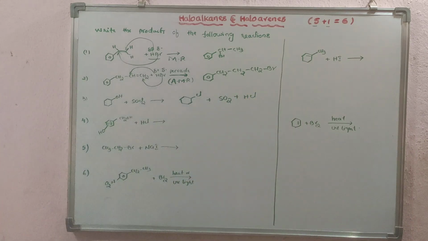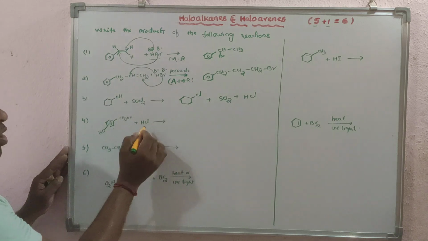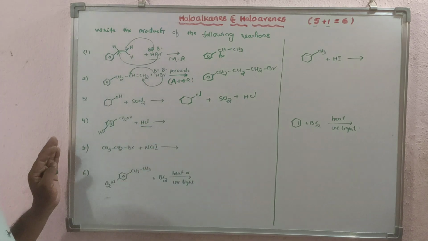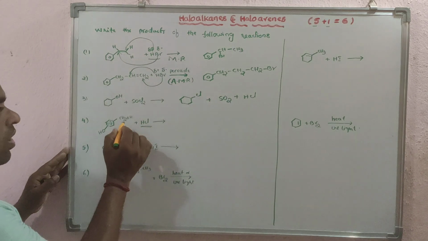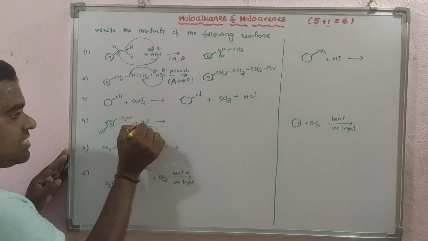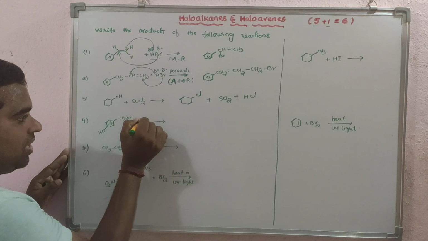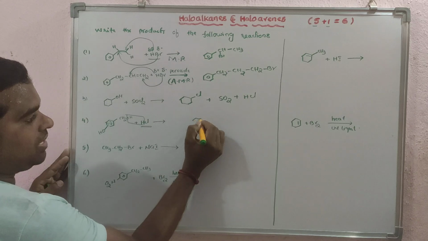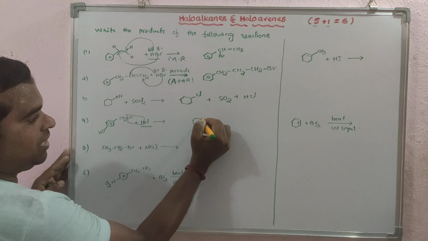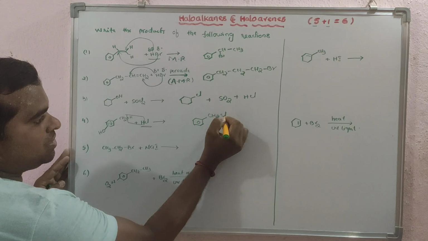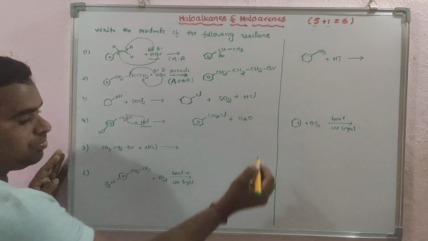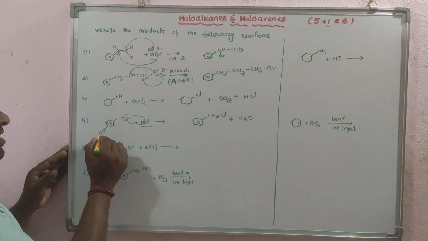This is the product. Next one, alcohol reaction with HCl. Clear? OH will be removed and chlorine will be added. Now you will get the compound CH2Cl plus H2O.